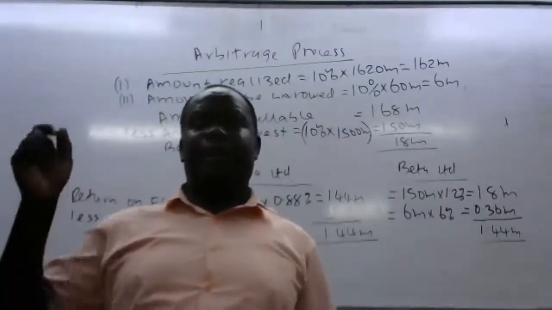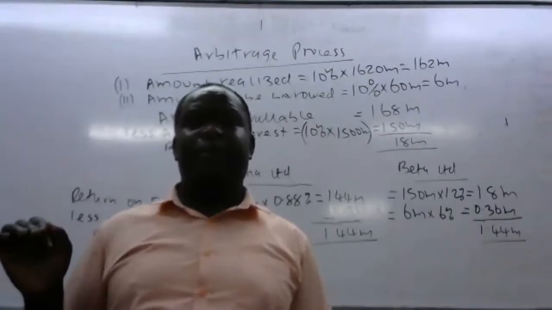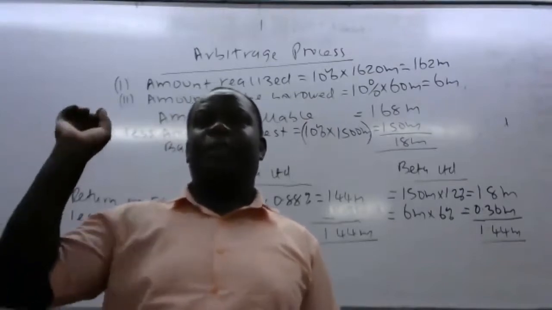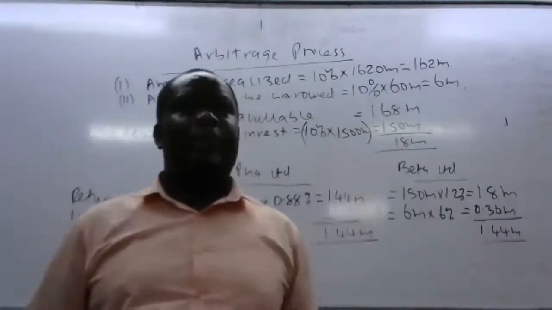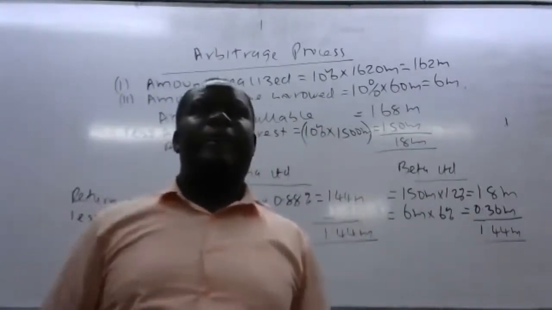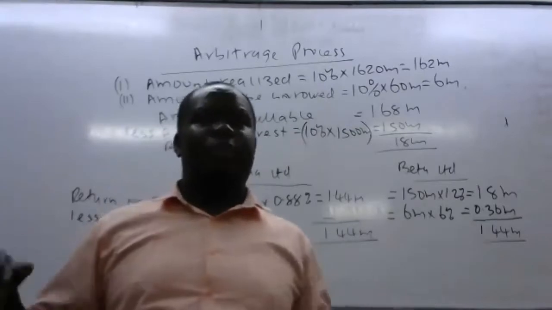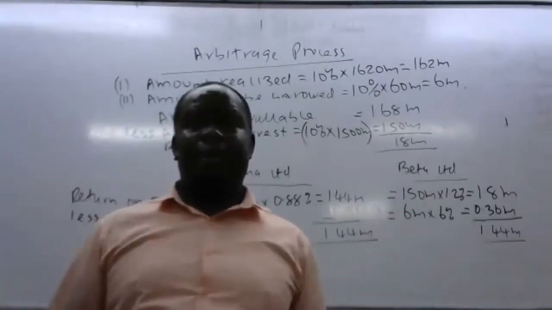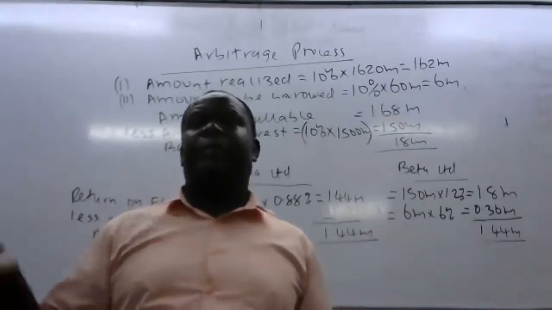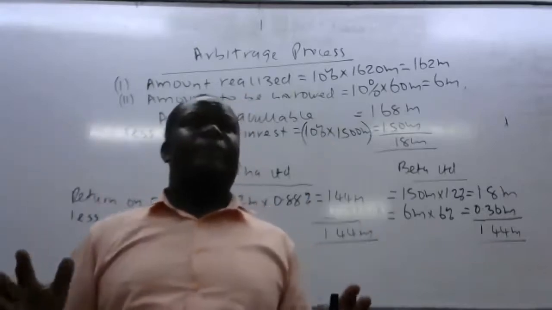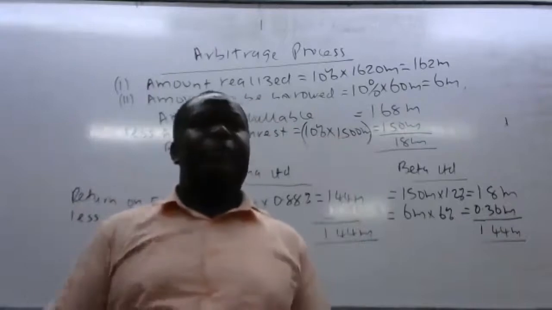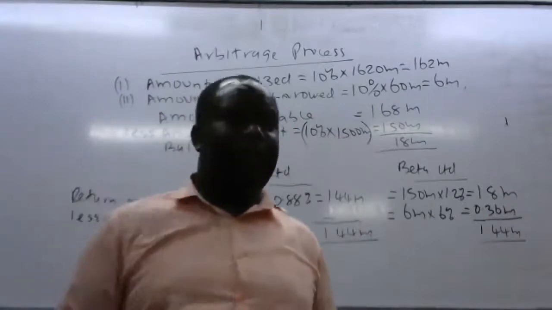The advice by M&M is that when you buy shares of a given company, as long as it is stable and it is regulated by the same security exchange market, like now in Kenya, all our companies are regulated by the Nairobi Security Exchange, your returns will be the same.